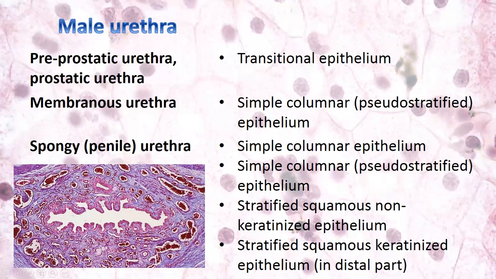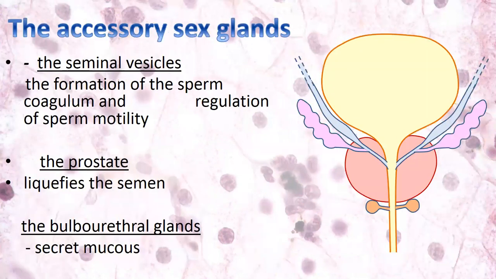And now we are going to the accessory glands, which produce fluid necessary for the movement of spermatozoa. There are three groups of glands: seminal vesicles, prostate, and bulbourethral glands. Seminal vesicles form sperm coagulum, which helps in the regulation of sperm motility.